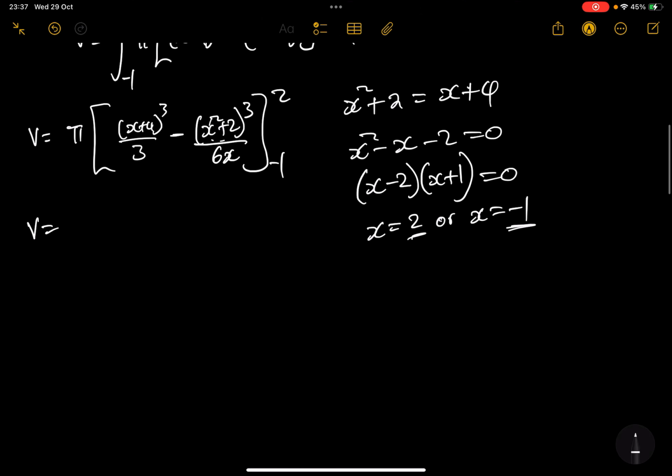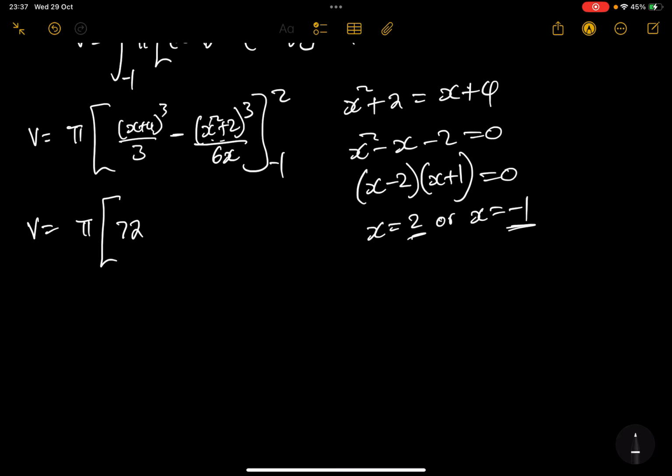So your volume is going to be, if you start with 2, where there's x, you substitute 2, obviously. So 2 plus 4 is 6, cubed over 3. That's the first part, 6 cubed over 3, which is 72.